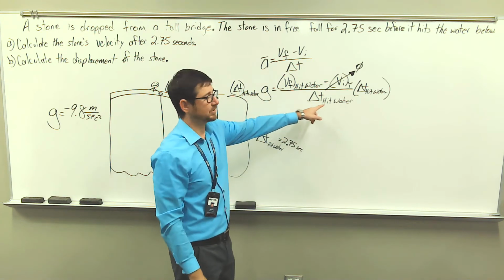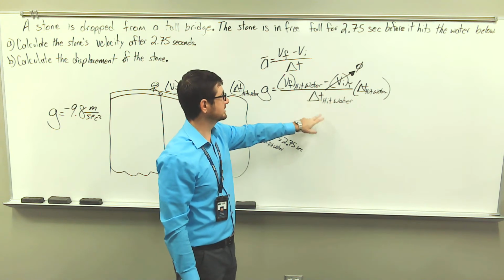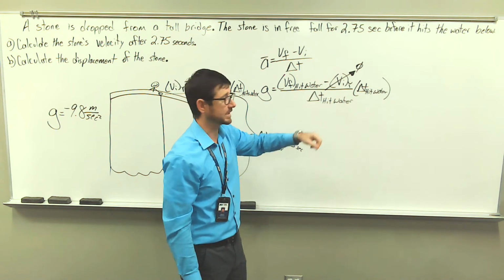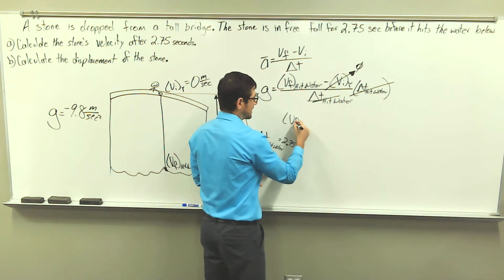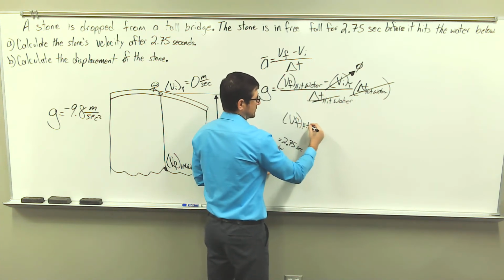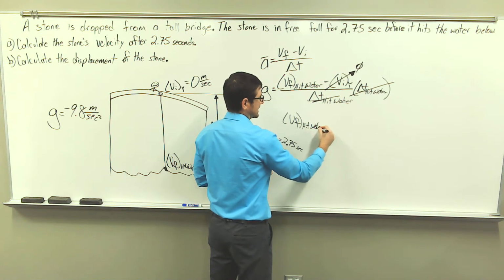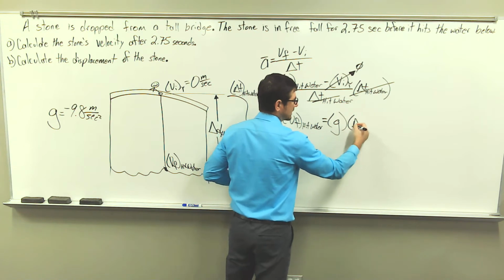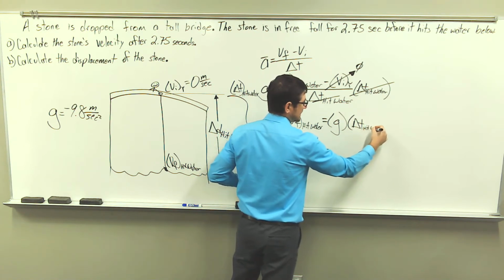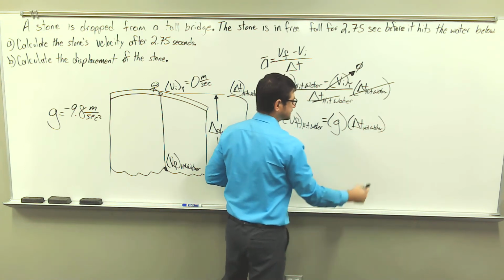Okay? If you notice on the right hand side of the equal sign, delta t sub hit water is going to cancel. And so that leaves me with the final velocity of the stone when it hits the water is equal to the acceleration due to gravity multiplied by the time interval to hit the water.